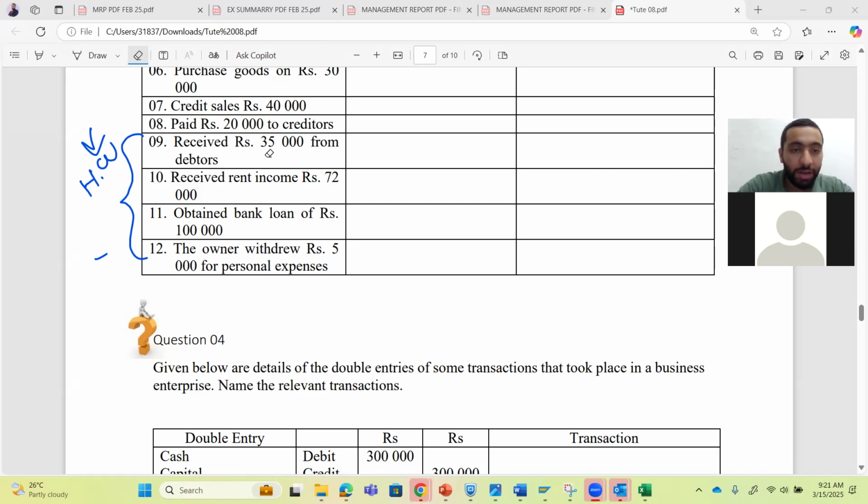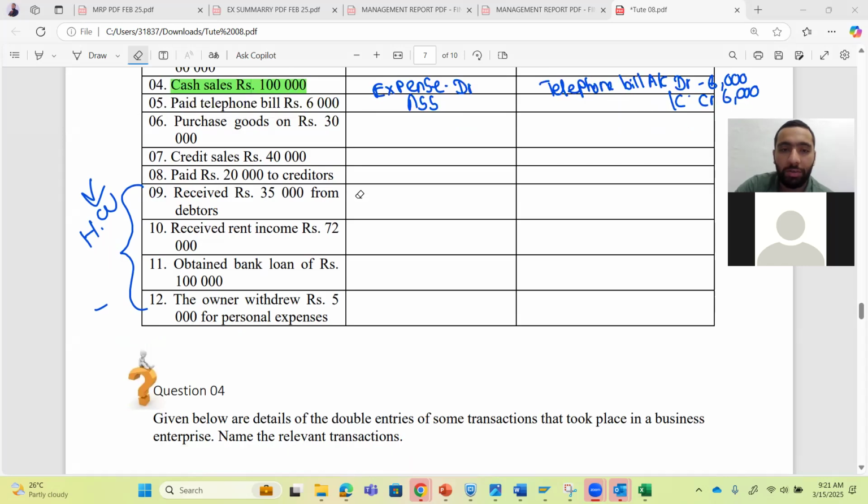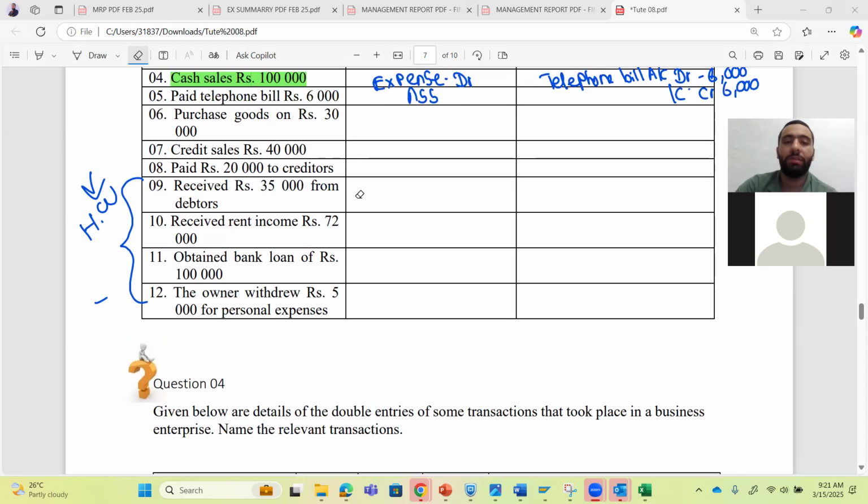Okay. So received 35,000 from debtors, right? So what is the double entry rule? First of all, your assets will increase.